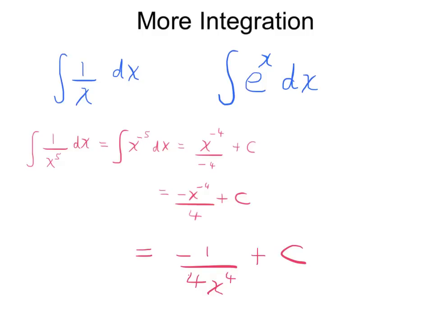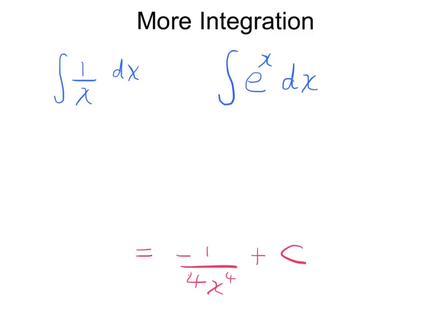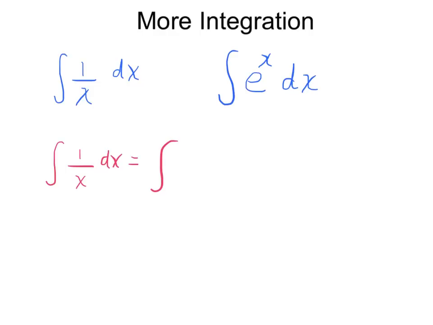Okay? Let us look what happens when we try and integrate this one using the same techniques. If we write 1 over x as the integral of x to the minus 1 dx, then using our normal rule, power goes up by 1, so it'll become x to the 0, and we divide by our new power.